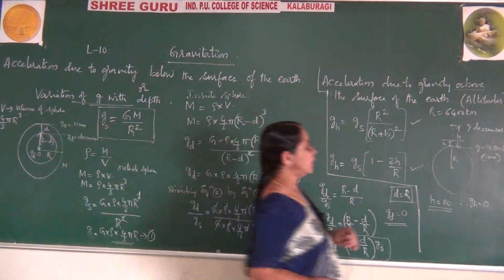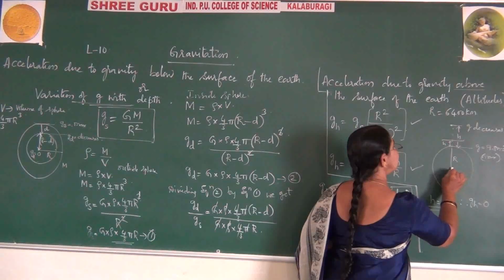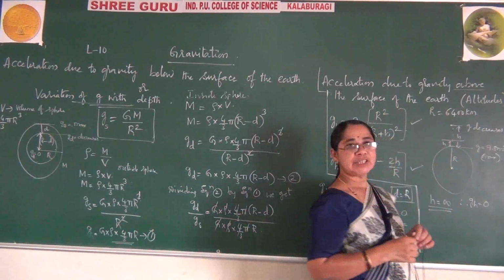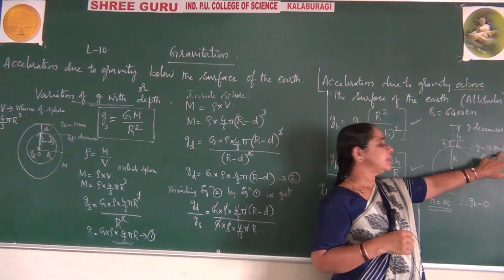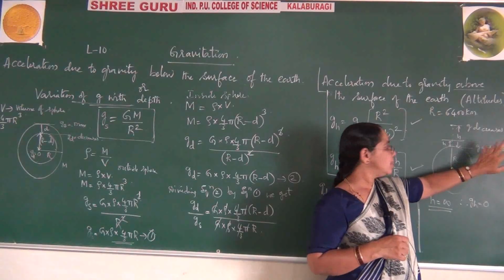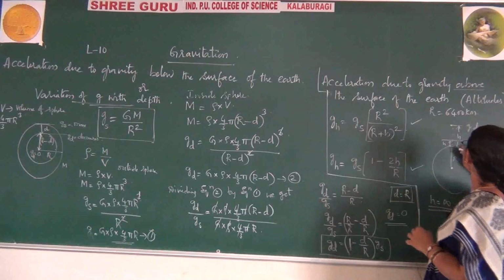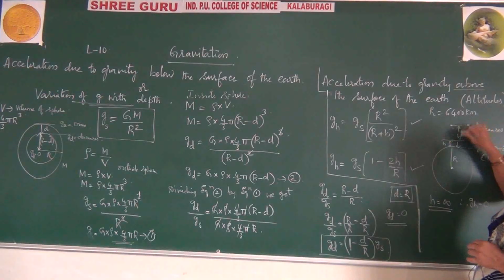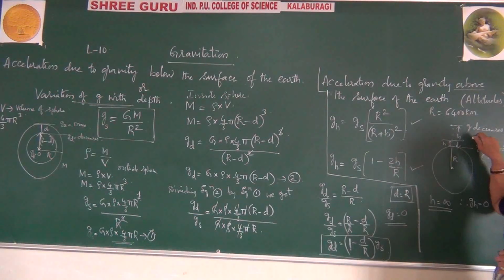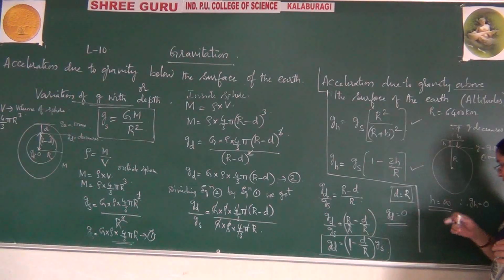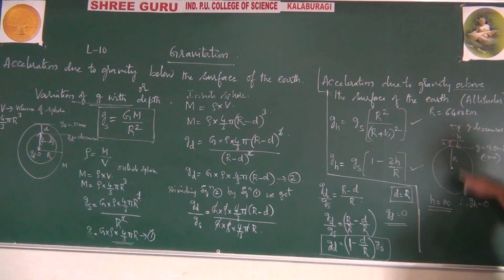If the object is exactly at the surface, naturally g is maximum, which is 9.8 meters per second square. If it moves higher, g goes on decreasing. At what point does g become 0? If h becomes infinity, then at that altitude it becomes 0.